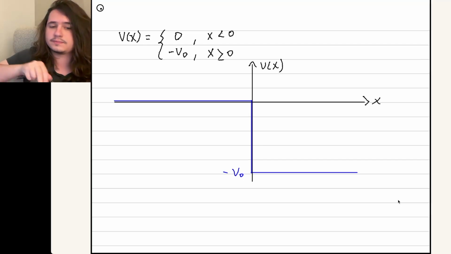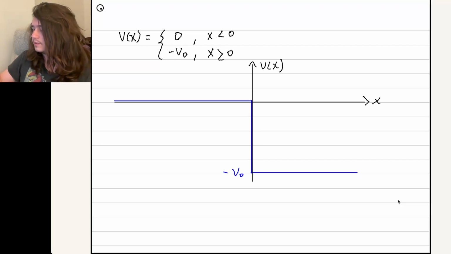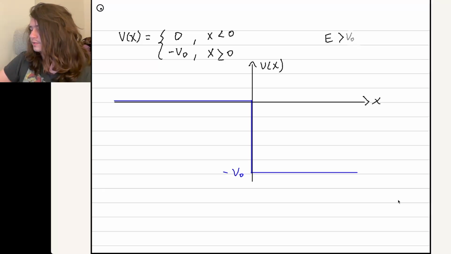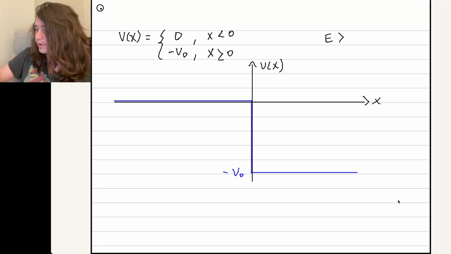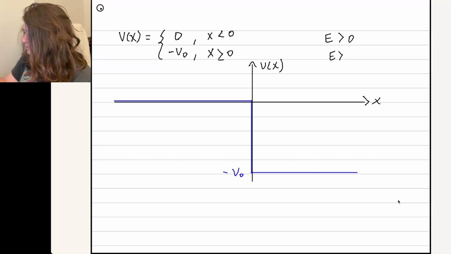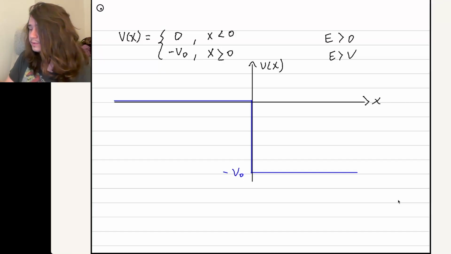For both of the cases that we're going to talk about, E is greater than V naught. Or I should say, E is greater than 0, and since the potential is negative, E is always going to be greater than the potential.